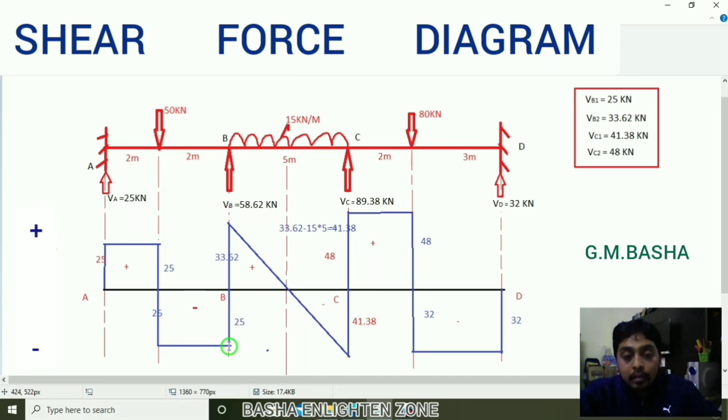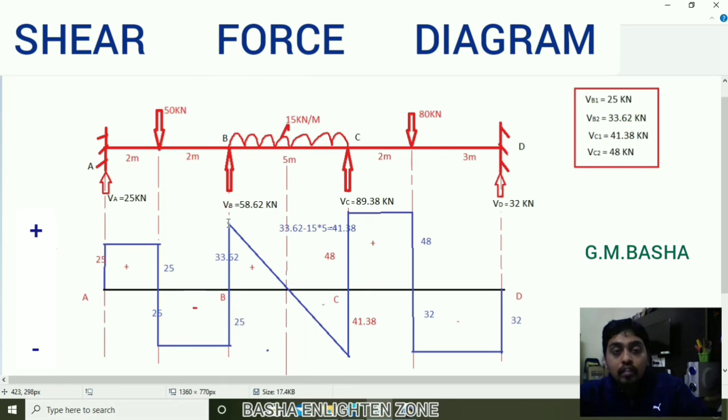Again at this position, at VB, a 58.62 kilonewton load is acting, that is the reason I am drawing an upward line of 58.62 up to here. So friends, we are at this position, 58.62. After removing the negative term, you will get 33.62.